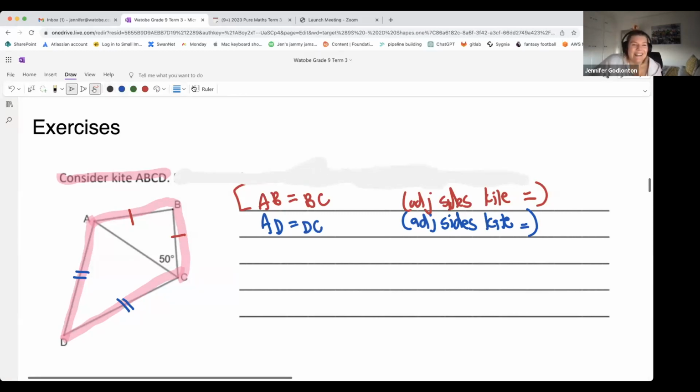I want you to find X. I want you to find Y. What else do I want you to find? Let's start with X and Y for now.